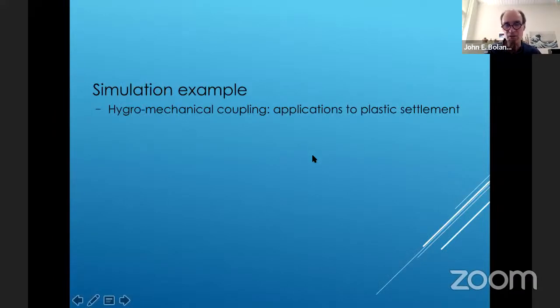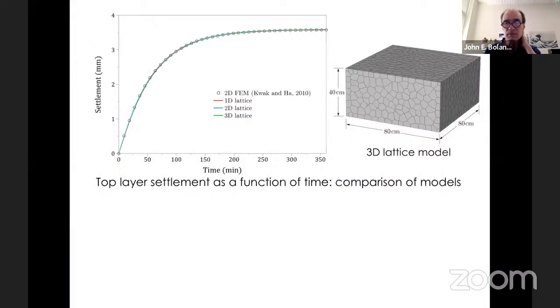And so lastly in this talk, we'll bring some of these tools together to simulate plastic settlement. This is interesting because it's a coupling between flow phenomena and mechanical phenomena. So it starts with a volume of fresh concrete.